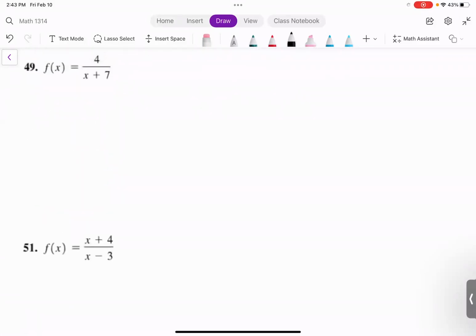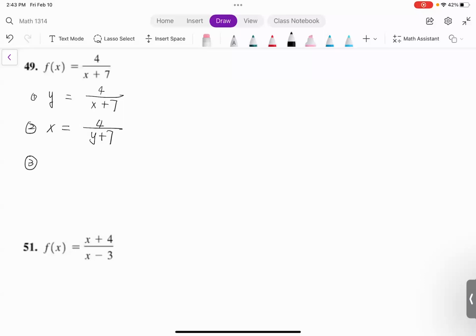Next one, first step, replace f of x with y: y equals 4 over x plus 7. Second, swap the x and y. X equals 4 over y plus 7. Number 3, solve for the y. Y is at the bottom. We cannot solve it, we need to move it to the top. That means we need to get rid of the denominator.